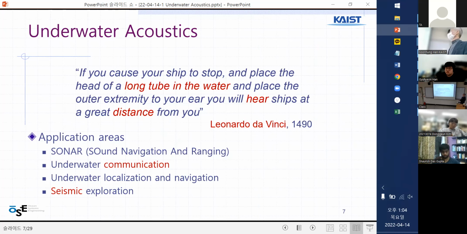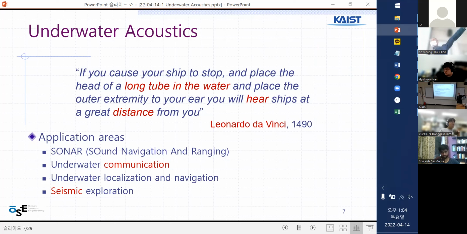Underwater, that is our main focus. This is Leonardo da Vinci in the 15th century. If you stop your ship and place the head of a long tube in the water, and listen with your ear to the tube, then you can hear ships at a great distance from you.